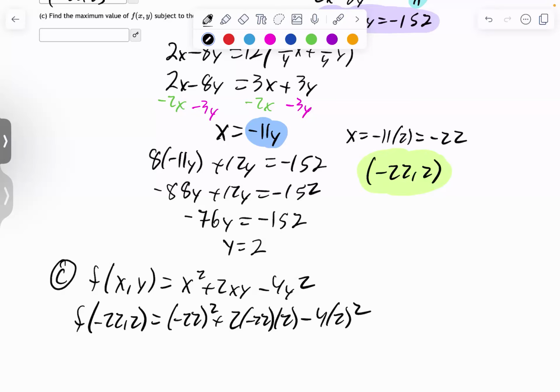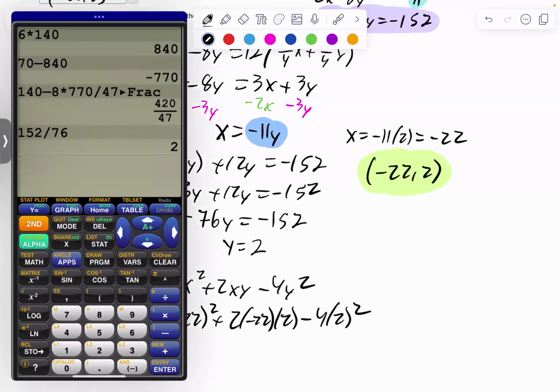Putting all that into my calculator, let's see what we get. So 22 squared, I know it's negative 22, but negative 22 squared is still a positive. So that's going to be minus 4 times 22. I just did the 2 times 2 to get the 4, and then times the 22. And then minus, so 2 squared is 4, 4 times 4 is 16, so minus 16.